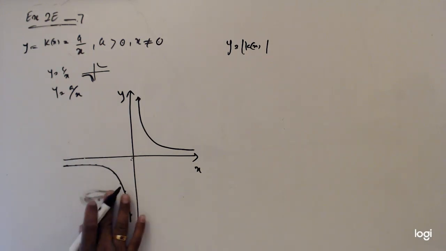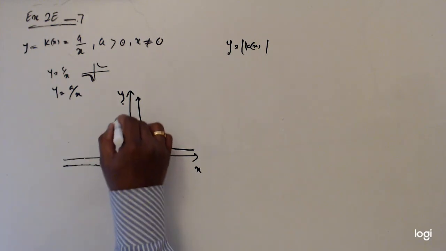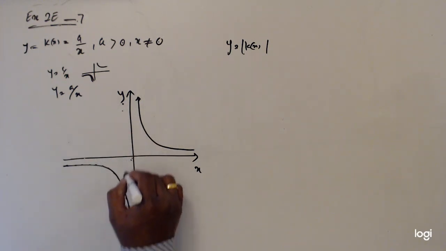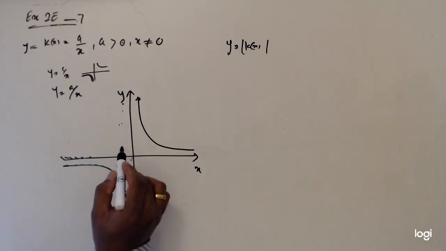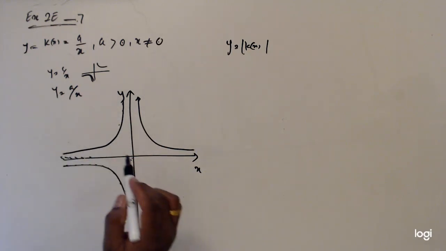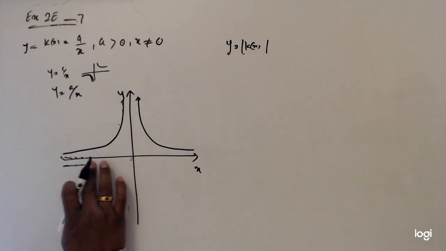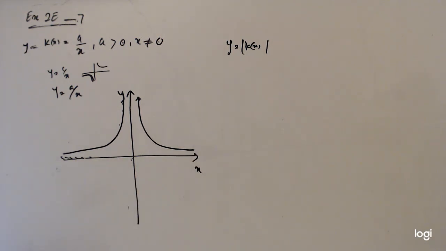So now we want to turn positive. So this point is going to be here. This point is going to be here. This point is going to be here. So basically we want to bring a mirror, and when we leave the mirror reflection is going to be like this, and this is the graph for y equal mod kx.